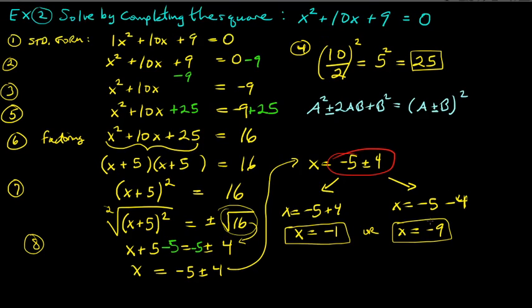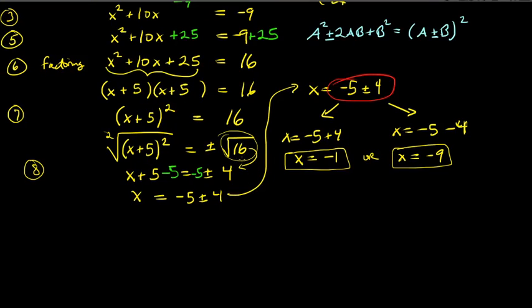In any event, what happened here is that we could have done this problem by just factoring. And in fact, let's do it now, right? So remember, we wanted to solve x squared plus 10x plus 9 equals 0. So what two numbers, these are x's here, right?